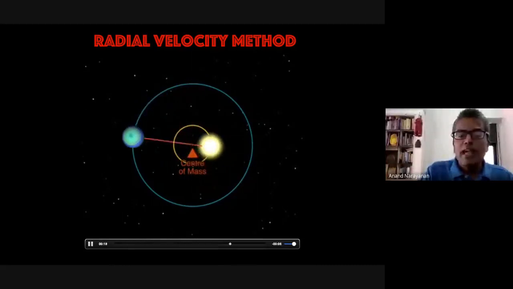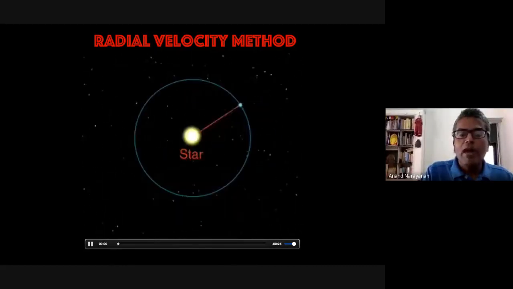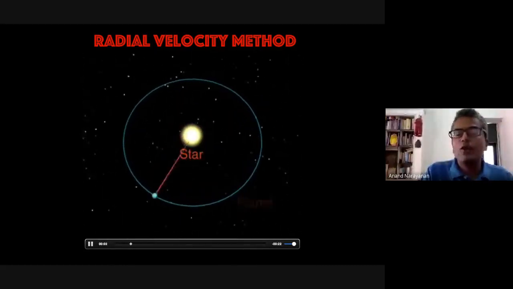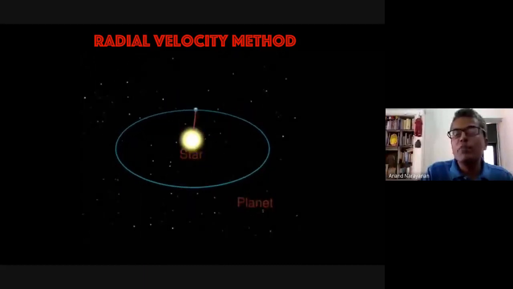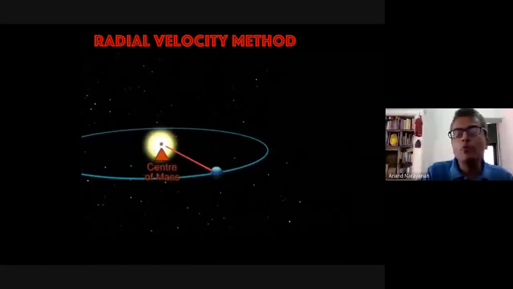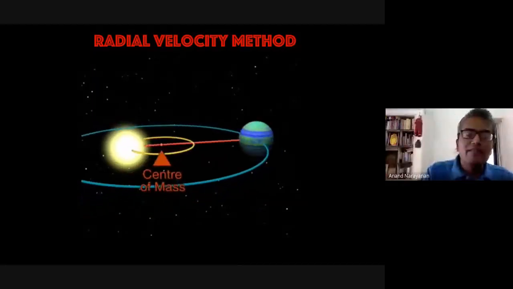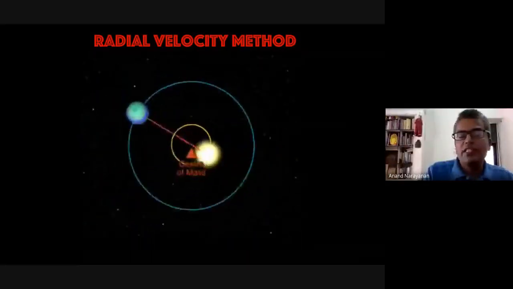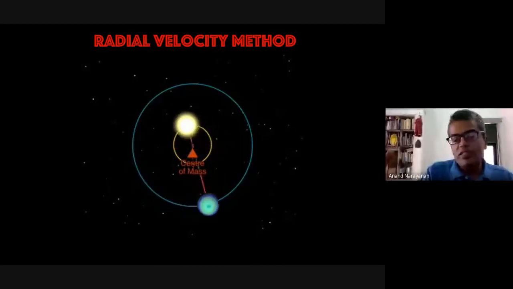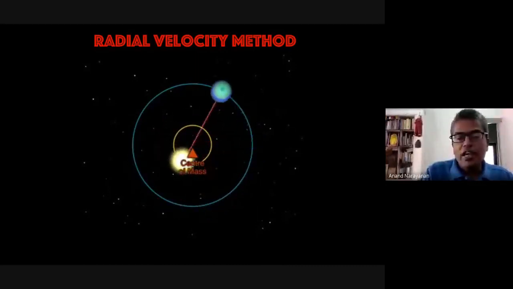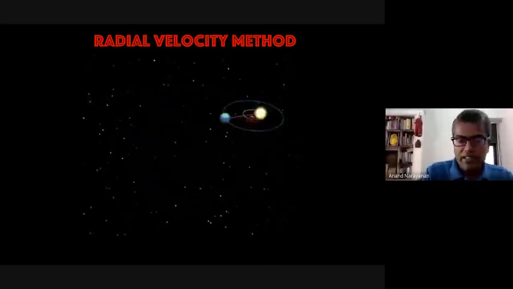So as shown in this animation, if you have a small planet orbiting around a star, the wobble motion is going to be very, very small, sometimes too small for us to detect. But if the planet is really big and close to the star, then the wobble motion of the star is going to be very large, and it will be easy to detect.